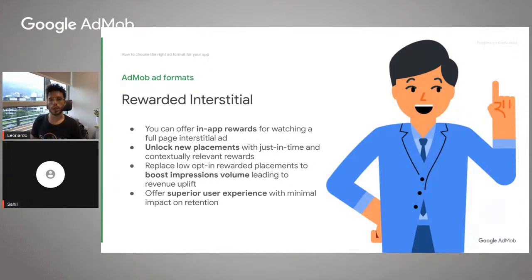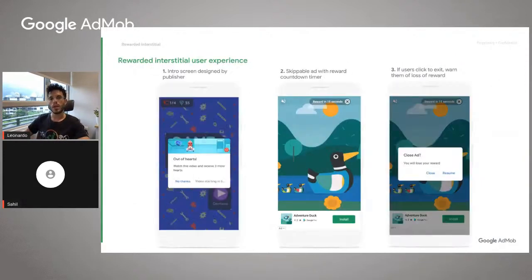Similar to rewarded, ads must either be video or interactive and must be skippable since users are not explicitly opting in. This is how the user experience looks. In this game example, the user ran out of hearts and they can watch a video to receive 3 more hearts.